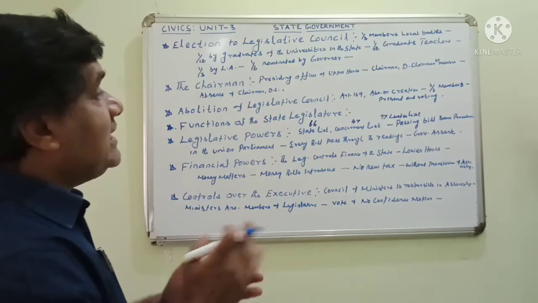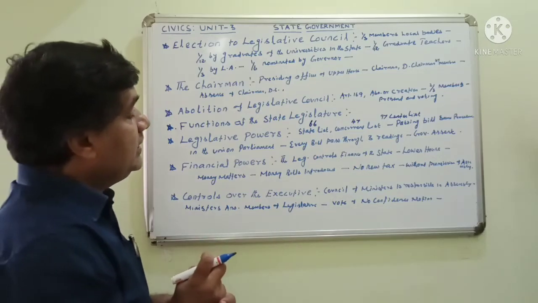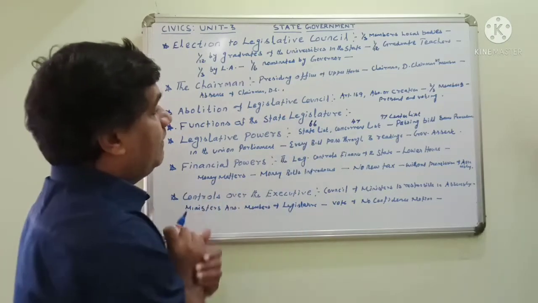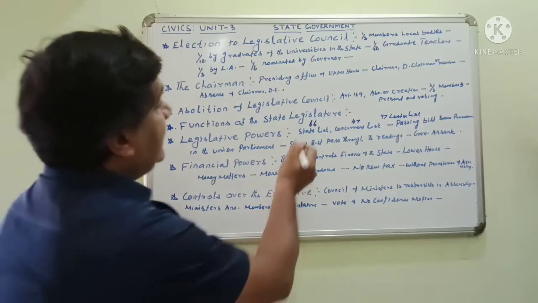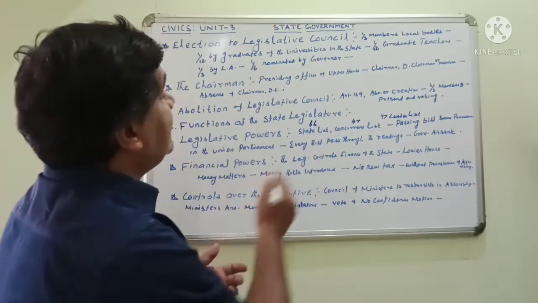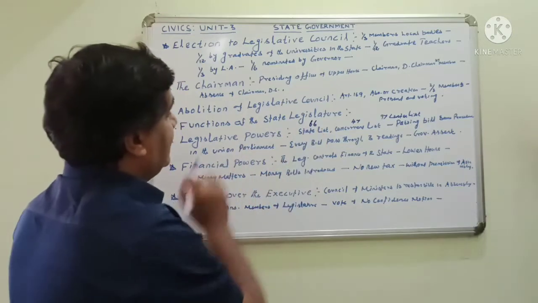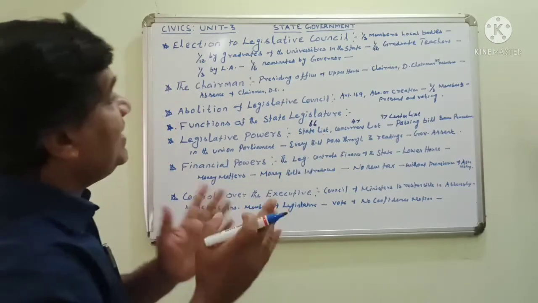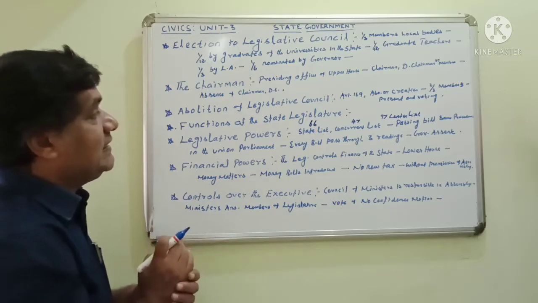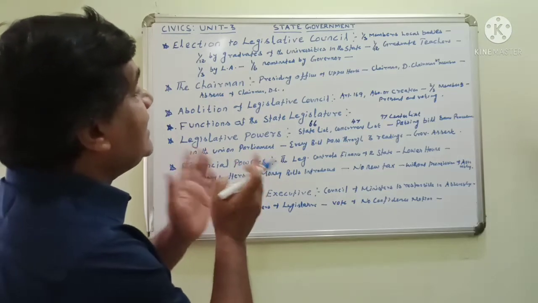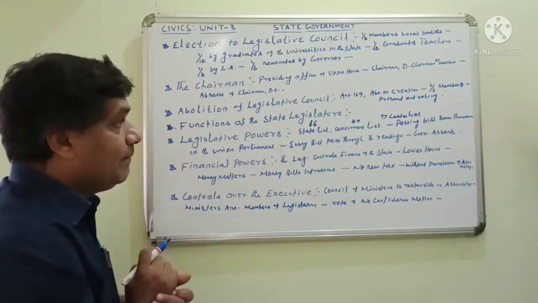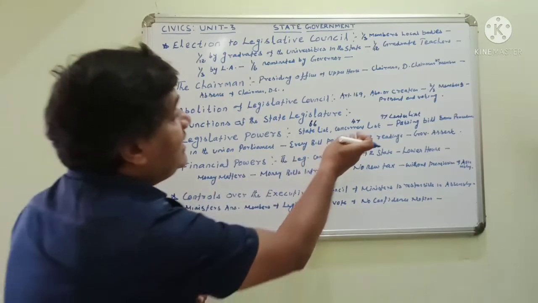In the state legislature, they deal with the state list, the 66 state subjects. They have legislative powers over the state list and the concurrent list. Concurrent list means what?